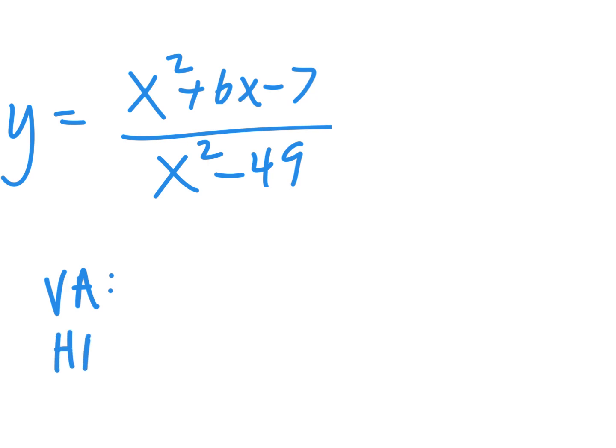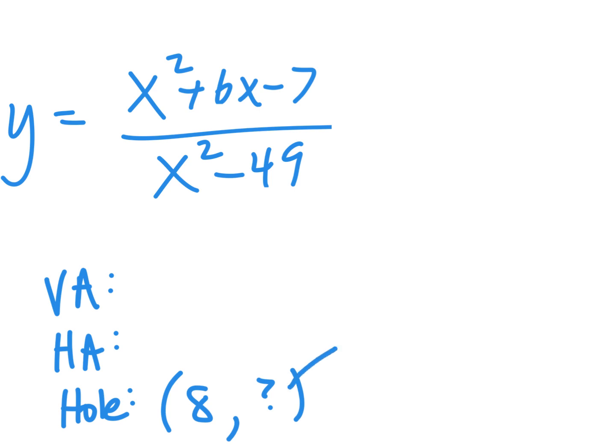Find the horizontal. And if there's a hole, figure out where. Hint, the x value is just part of it. Let's say you figure out the x value is 8. It's not, but let's say you did. You also got to figure out what you get when you stick 8 in the function. In other words, f of 8 goes right there.